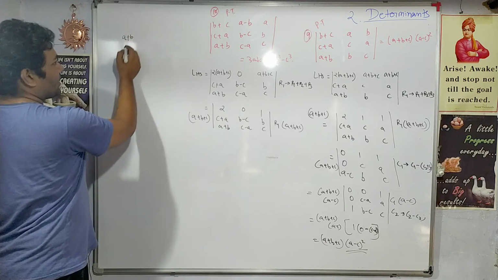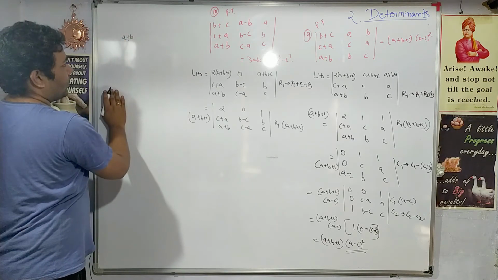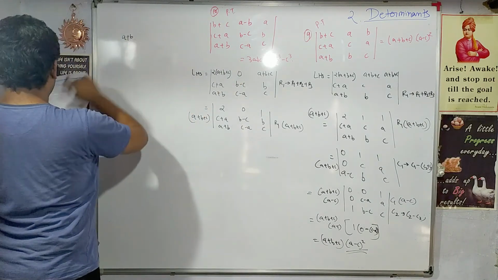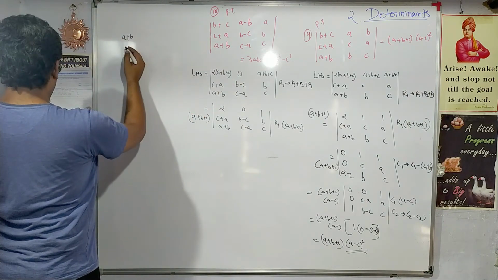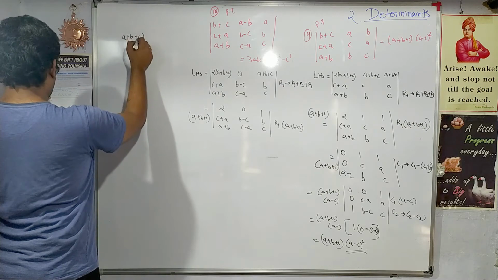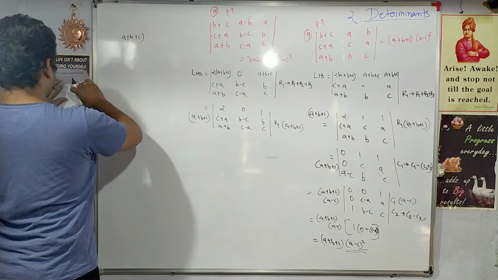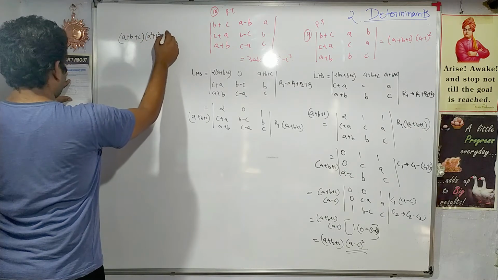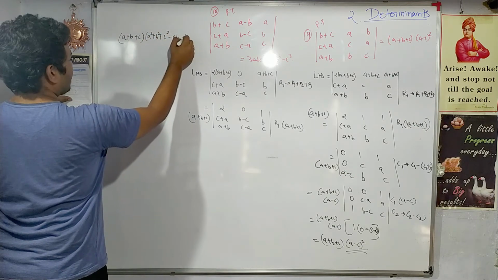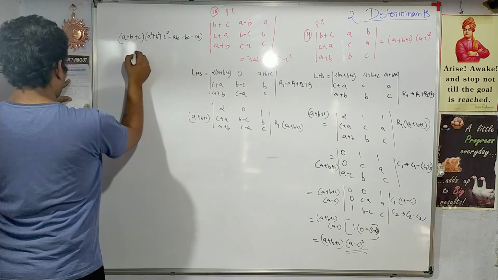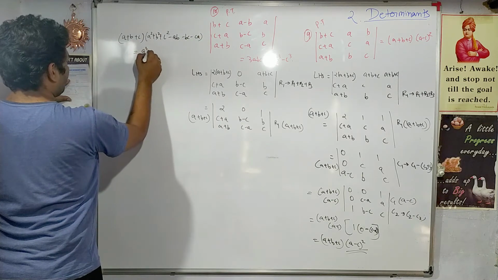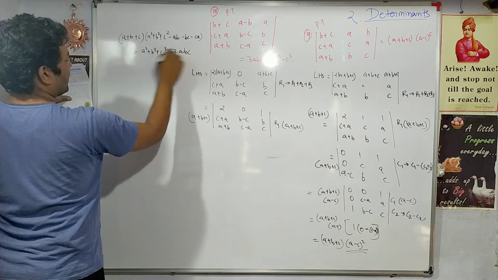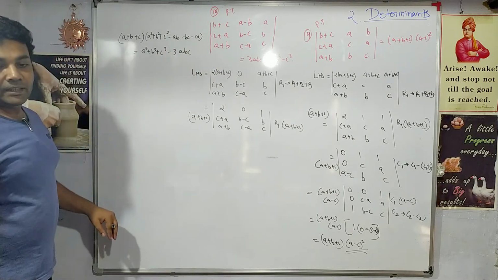The identity is a plus b plus c into a square plus b square plus c square minus ab minus bc minus ca is equal to a cube plus b cube plus c cube minus 3abc.